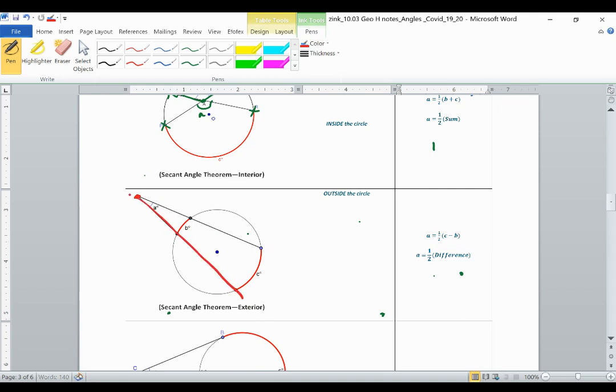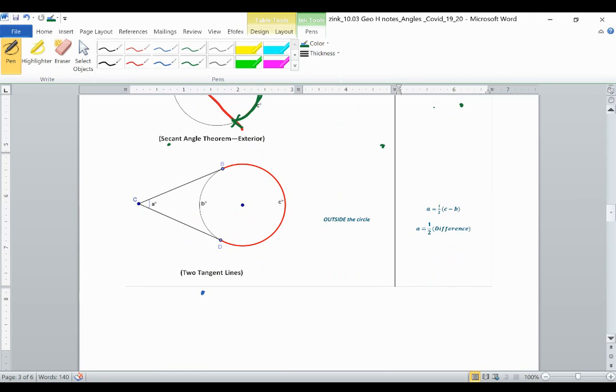So here, if we trace the sides of the angle, it hits here, here, here, and here. So we've got arc B and arc C. You're going to take the difference of those two, and you're always going to take the bigger minus the smaller. The bigger one's always going to be the second one you hit, the outside here. So we'd take 1/2 of C minus B to find that one.